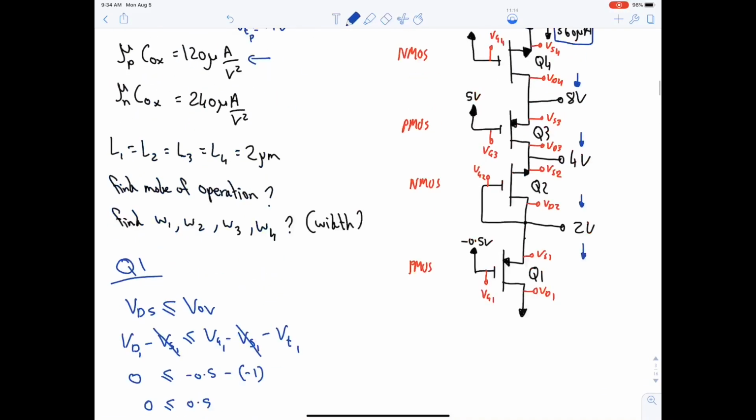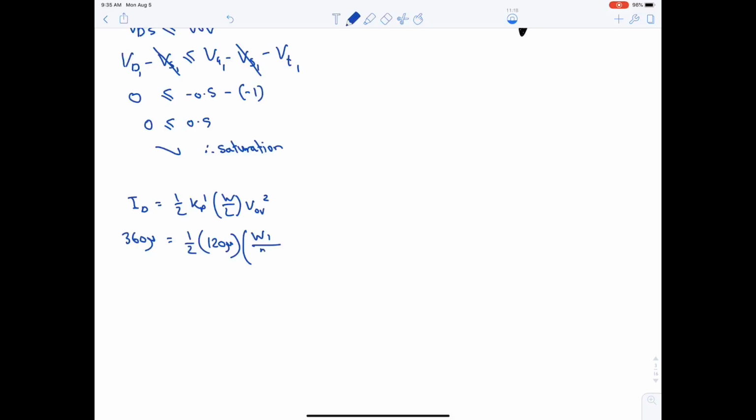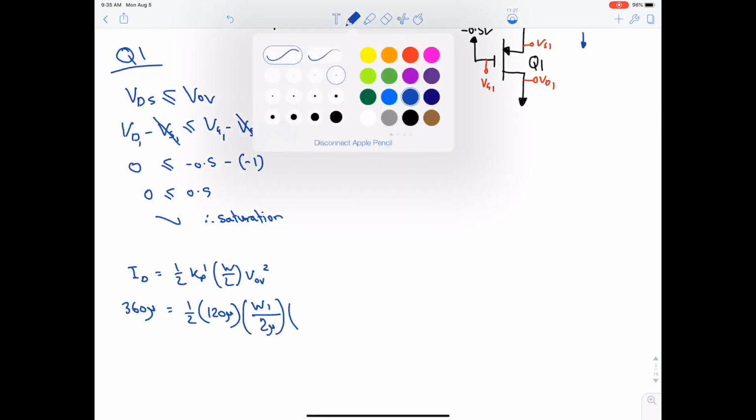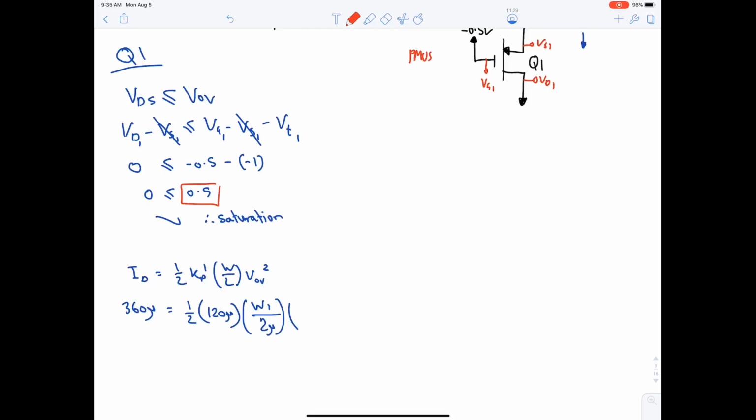L1 is 2 micrometer. All lengths are 2 micro. And VOV, now notice here that VOV is not equal to 0.5. Why? Because you have cancelled VS. If we haven't cancelled VS, then we can take this number and plug it in here. But now we're going to waste our time and solve for VOV again.